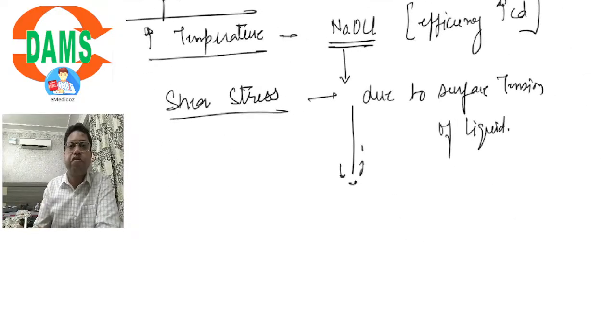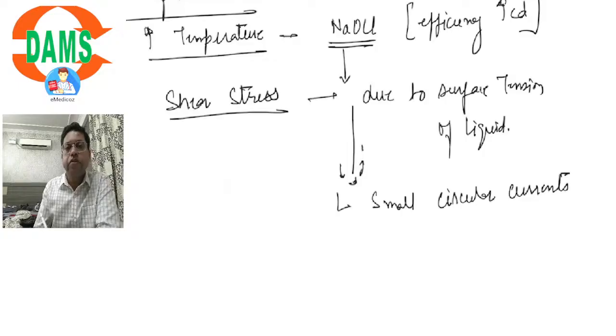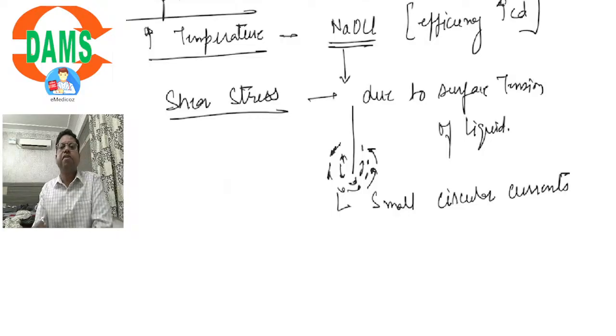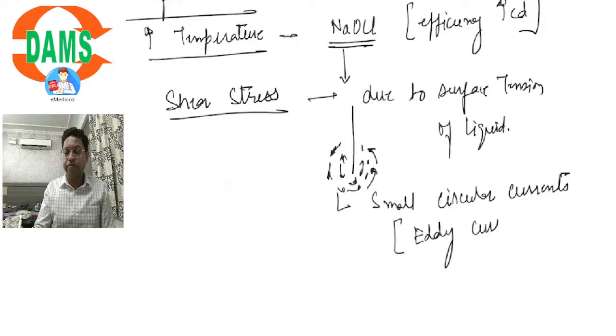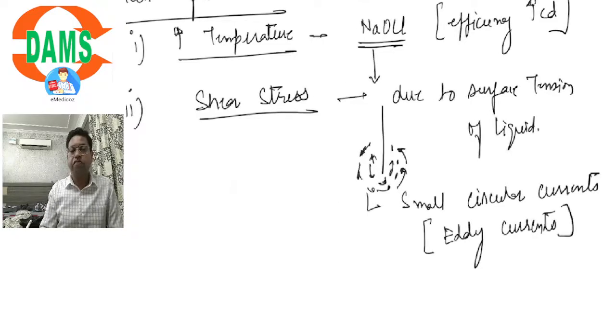And because of the vibration of the file inside the liquid and shear stress, it generates small circular currents. Small intense circular currents are generated inside the liquid placed inside the root canal. These are called eddy currents, and they increase the efficiency of cleaning with sodium hypochlorite.